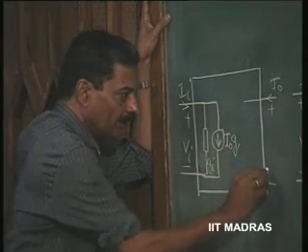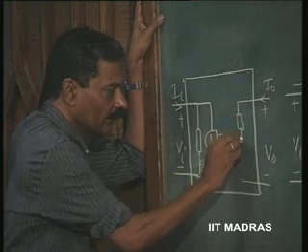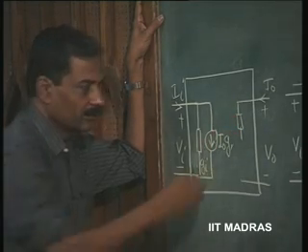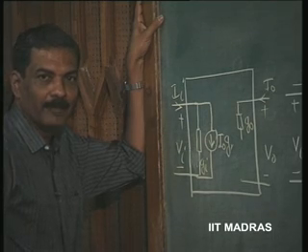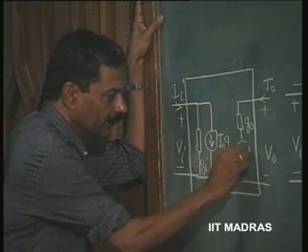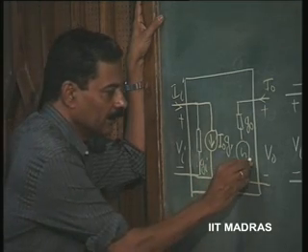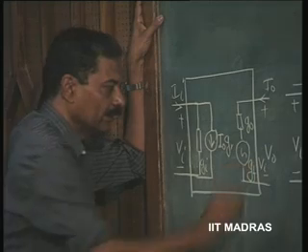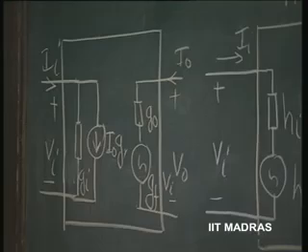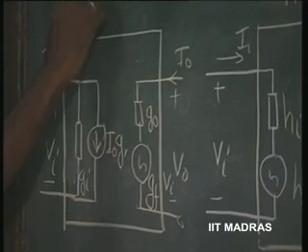So, V naught is going to be expressed as a voltage drop across G naught, which is an impedance, and a voltage source which is going to be Gf times Vi. So, this is G parameter.